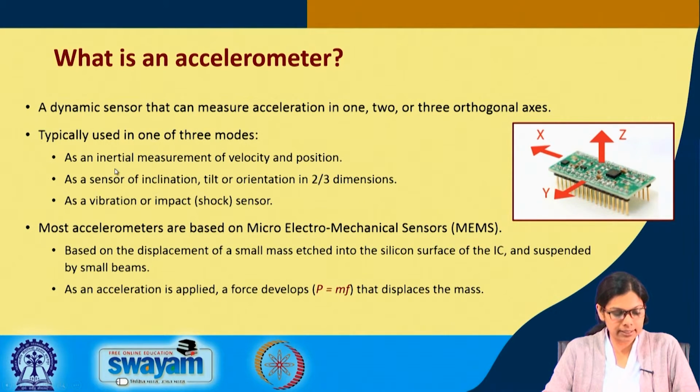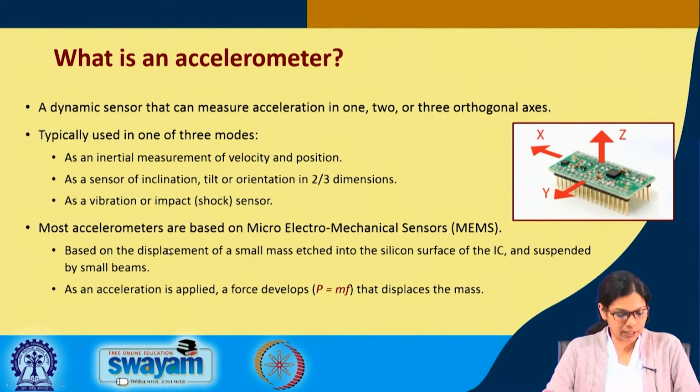It can be used as an inertial measurement of velocity and position. It can also be used as a sensor of inclination, tilt or orientation in 2 to 3 dimensions, or it can also be used as a vibration or impact sensor, a shock sensor as we say.